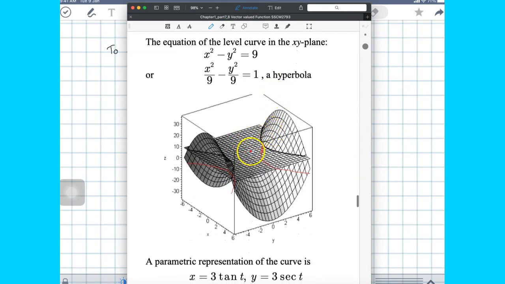We have shown that the gradient f is always perpendicular to the level curve here, or I would say always normal to the level curve. But in this case, the level curve here is actually lying on the surface itself.